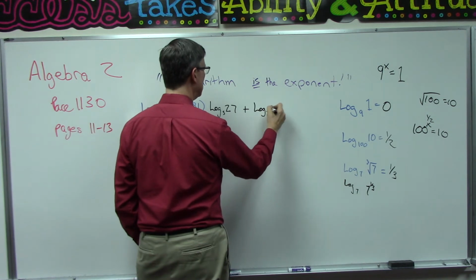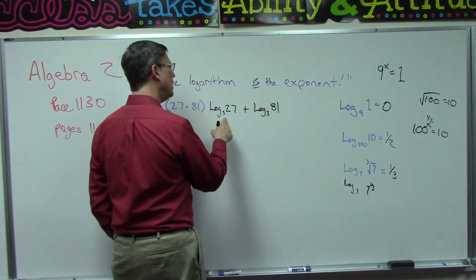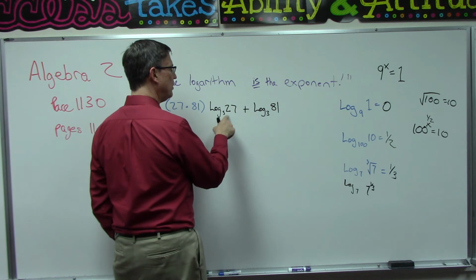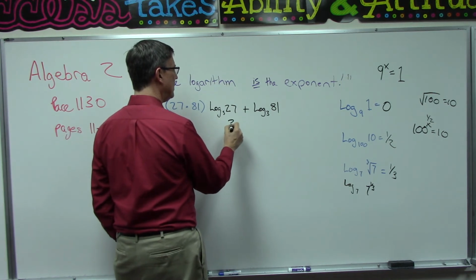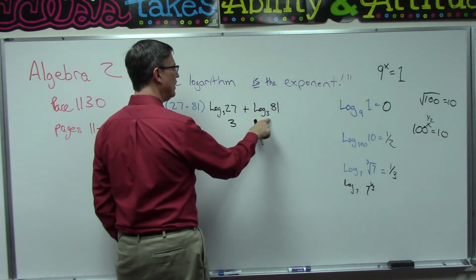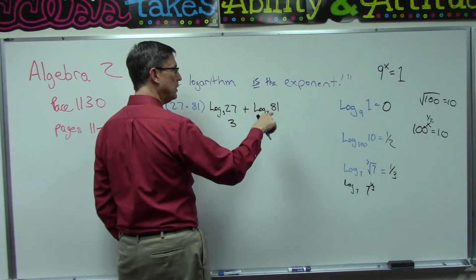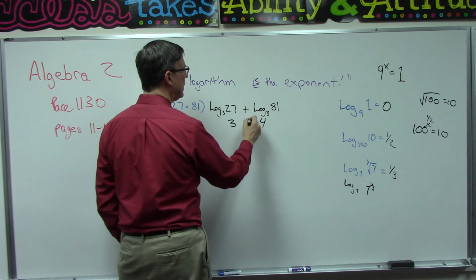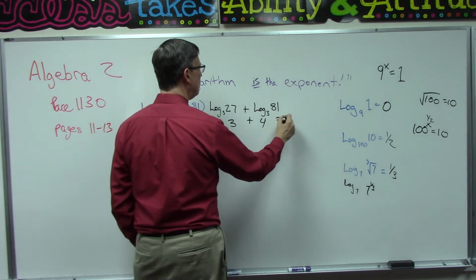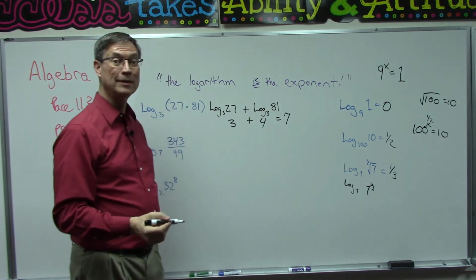Log to the base 3 of 81. So let's simplify. 3 raised to what exponent will give me 27? And the answer is 3. 3 raised to what exponent will give me 81? 3 times 3 times 3 times 3. So 4. And so the answer to this problem would be 7.